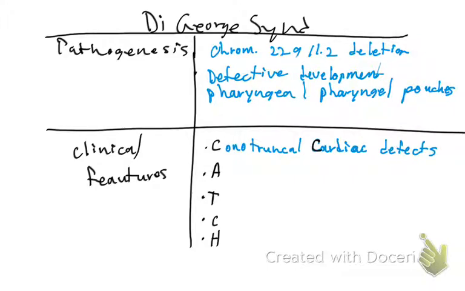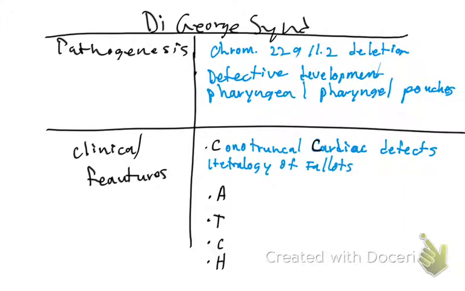For example, tetralogy of Fallot. Probably you're asking, what is tetralogy of Fallot? Well, we can figure it out right now. Let's first write it here. So the defects in the tetralogy of Fallot, for example, and then I will show you.